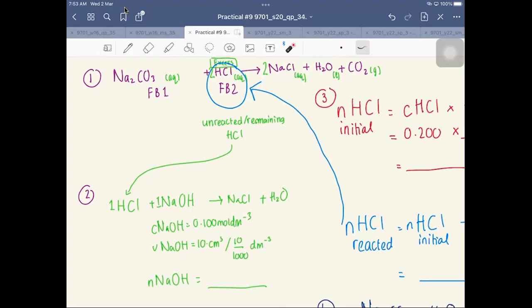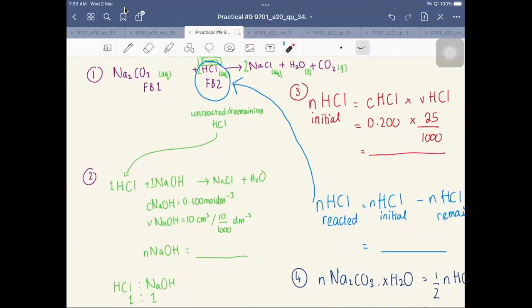That's why one student asked me, Miss, when do we find the number of moles initial, reacted, and remaining? So you have to read the question.